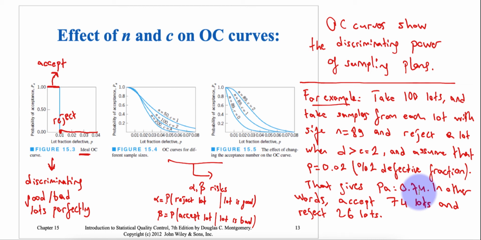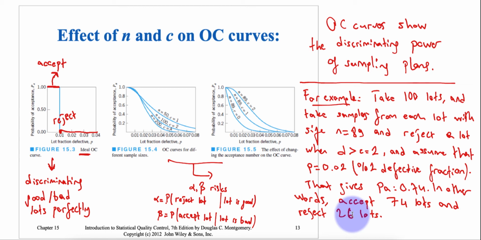So you will accept 74% of the lots and you will reject 26% of the lots. And in this example, we take 100 lots, and according to these parameters, you will reject 26 lots, and it is too much, right? So here, actually, we are making some mistakes. For example, we also reject the good lots here.